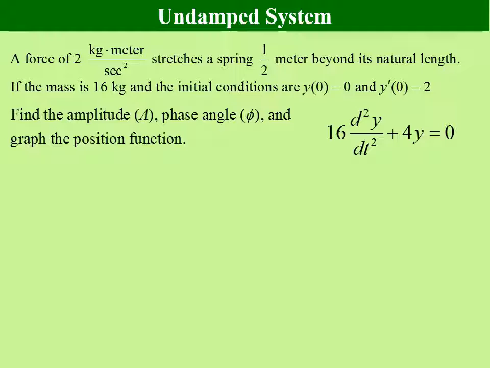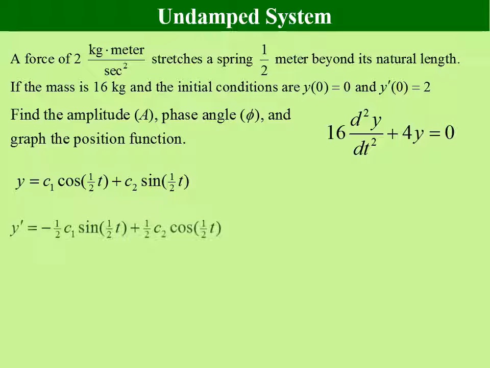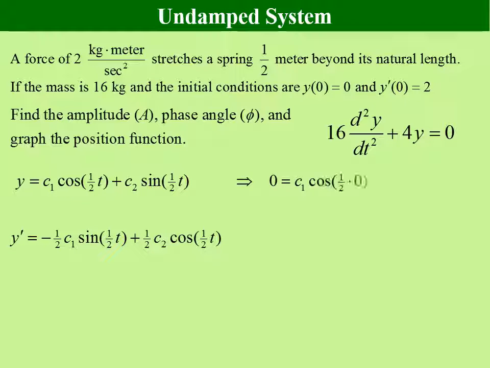And we've already done the work for solving this, so we won't start from the very beginning. Just recognize that our solution has this format, and the other one, which we'll get to from this one, like we developed it. So to find the constants, we'll substitute our y(0) equals 0, and that gives us C1 equals 0.